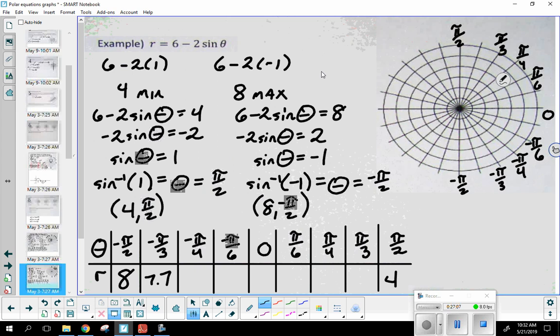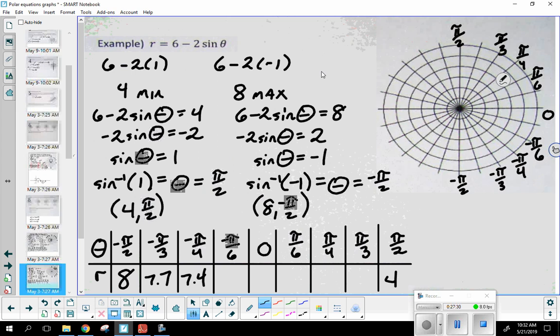Miriam, can you help me out with that one? So 6 minus 2 sine of negative 45 degrees. 7.4. Good.